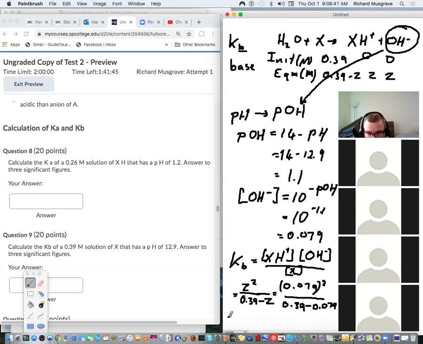So as we did before, we'll have 0.079 squared over the subtraction there, which would be, in this case, 0.31. And then that gives us our final answer.